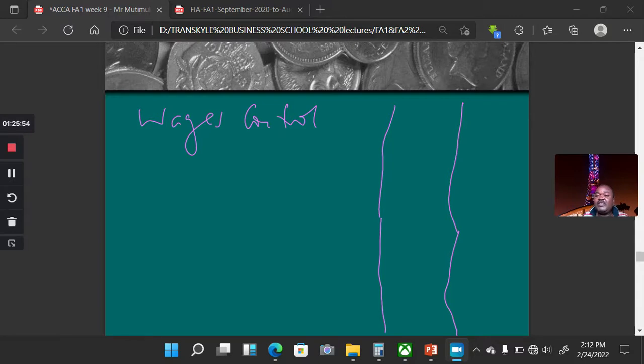For example, if it is the tax liability or the tax payable, we are going to credit it. And we are debiting the wages control account.